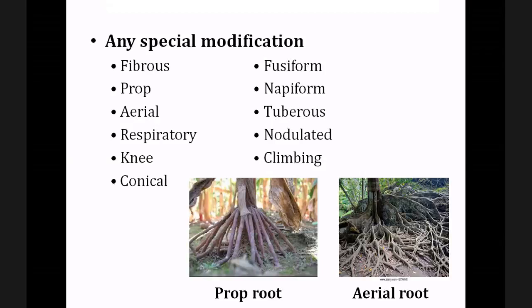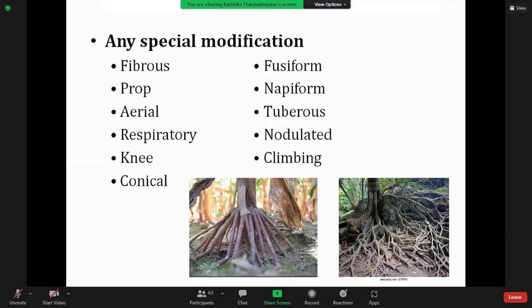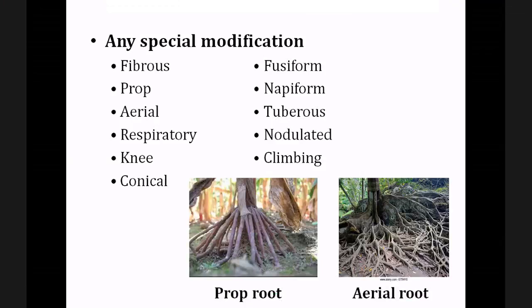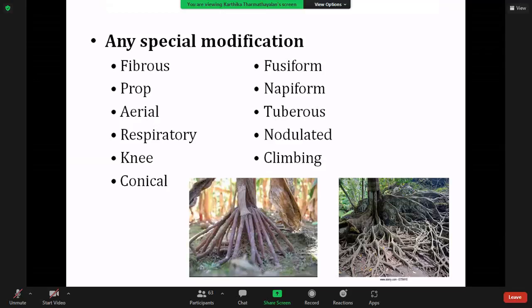So note the meaning of each modification and the examples in your notebook. Here the root is modified for other functions. As you all know, the fibrous root is modified to accumulate the food prepared by the plant, and this food is stored in the roots.